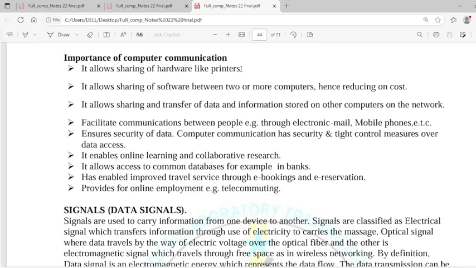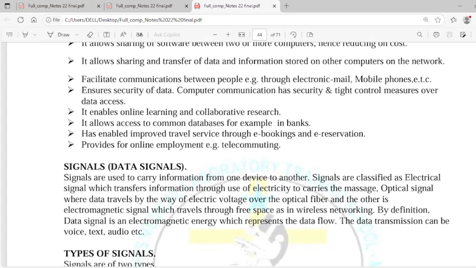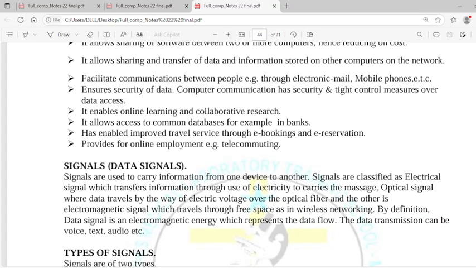Then it ensures security of data. Computer communication allows data security and control. Then it enables online learning and collaborative research.